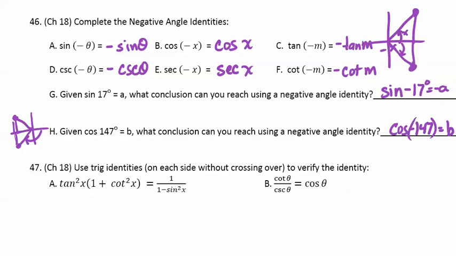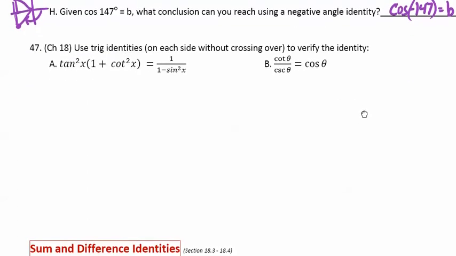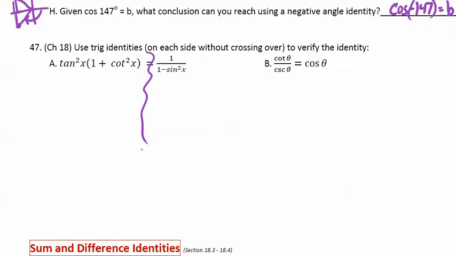Okay, let's verify some trig identities. Remember, the idea of verifying an identity was that we didn't want to cross over the equal sign. Using our trig identities, we want to convert values on one side to the other until the two sides match without ever crossing over. So we could replace, for example, 1 plus cotangent squared.